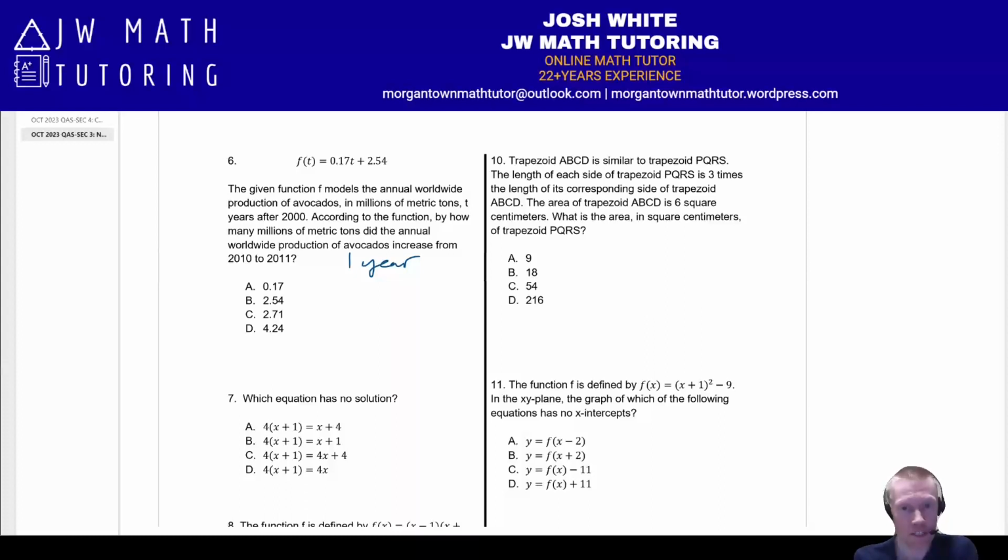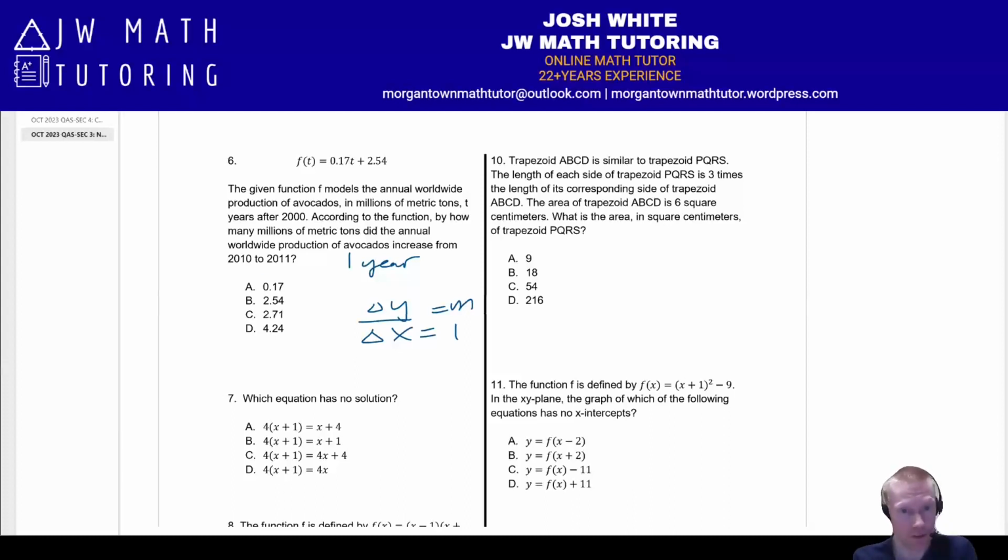So if you're increasing the x value by 1, or making the change in x equal to 1, your change in y is just going to be equal to the slope. Because the slope, when you have it written in a linear equation, is equal to the change in y, the change in your output variable, per a 1 unit change in x.